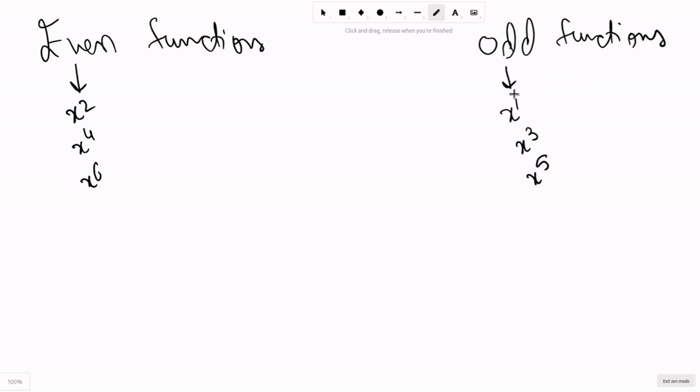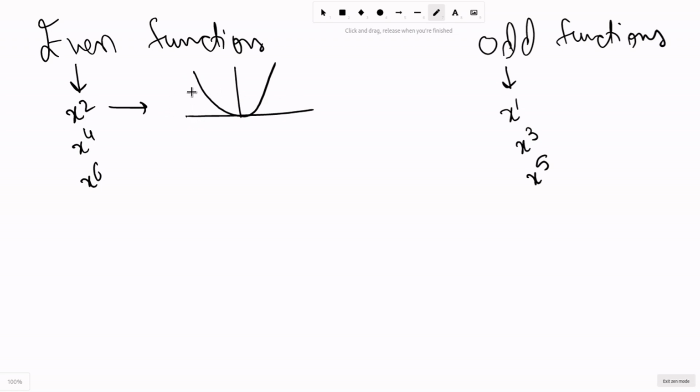But this concept has been extended to a lot of other functions, and what you usually look for in a function is not its exponent, but its symmetry. X square has a graph that looks like this, which means it is symmetric on both sides of 0.